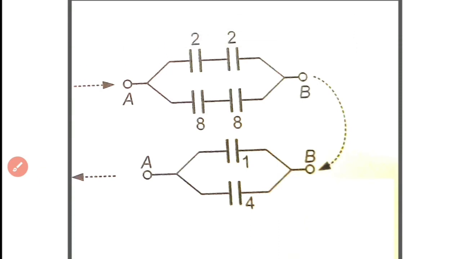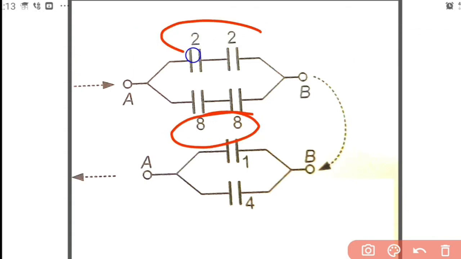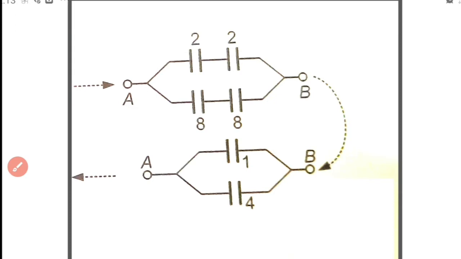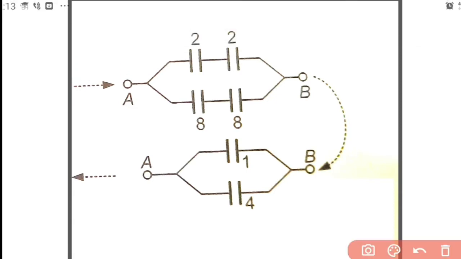So the next diagram comes like this. That is, we have 2 and 2 in series. Okay. And 8 and 8 also in series. Got it? So when 2 and 2 are in series, the effective capacitance is 1, and 8 and 8 in series, 8 by 2, 4.